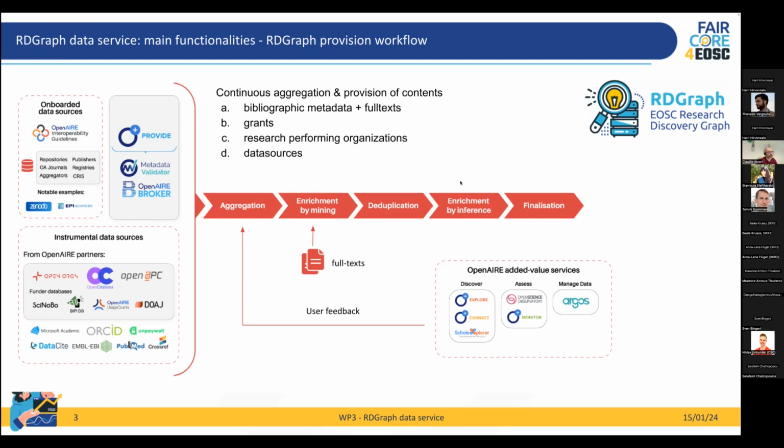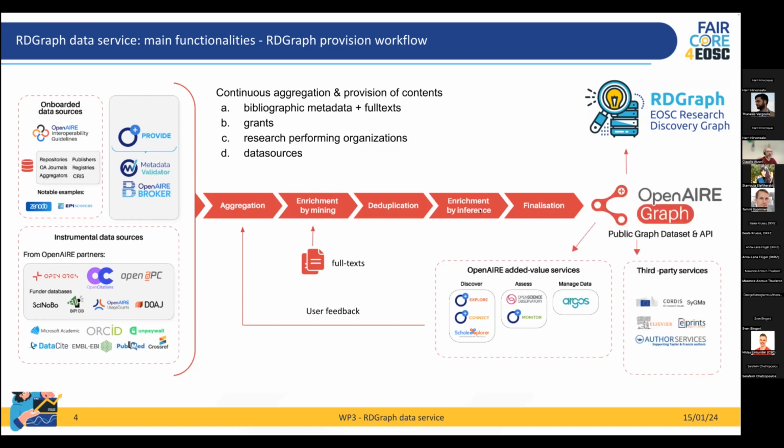Then we have another part of enrichment. It's mentioned here as by inference because it leverages the topology of the graph itself to infer properties from other nodes that are linked to publications, for example.